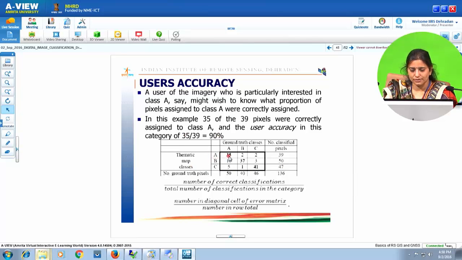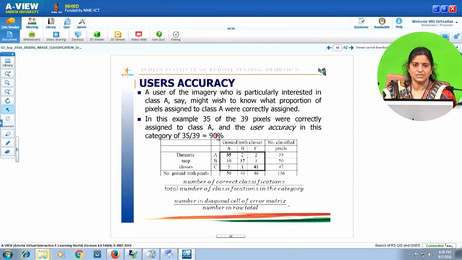That is about 90%. 39 pixels were classified as class A, out of which only 35 were class A. That means 2 plus 2, that is 4 pixels were wrongly committed into it. We are wrongly saying that these 4 pixels are class A, whereas they are not; they are false positives.